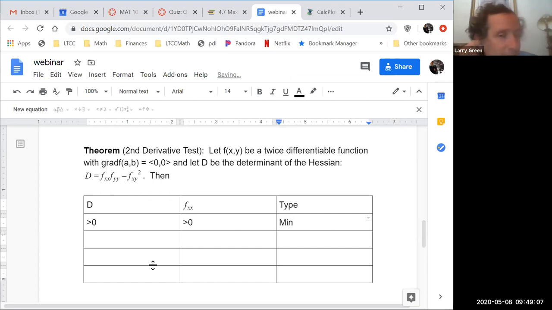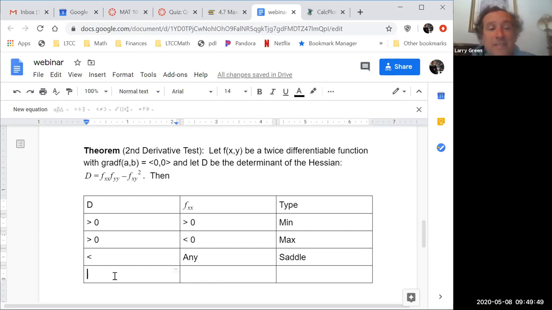On the other hand, if D is positive and fxx is negative, then we have a maximum. If D is negative and fxx is anything, in other words, who cares, then you have a saddle.